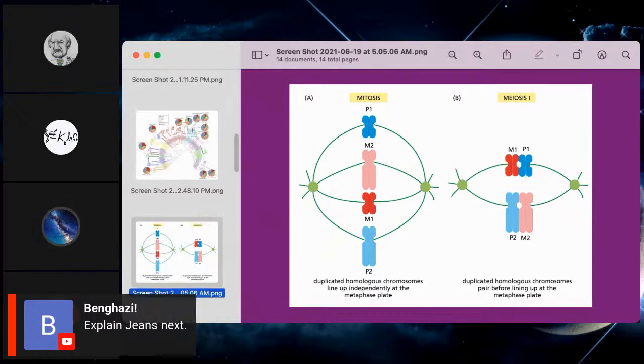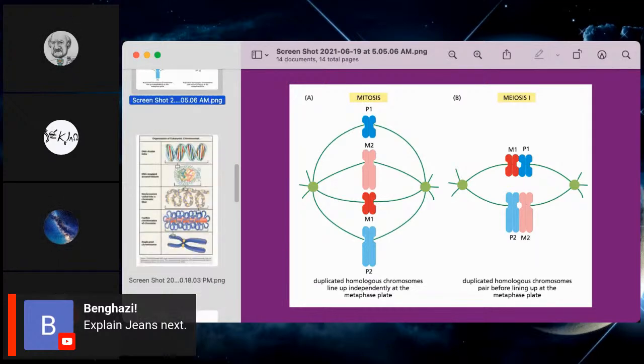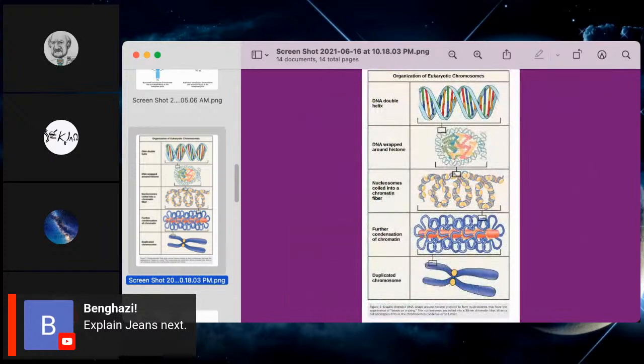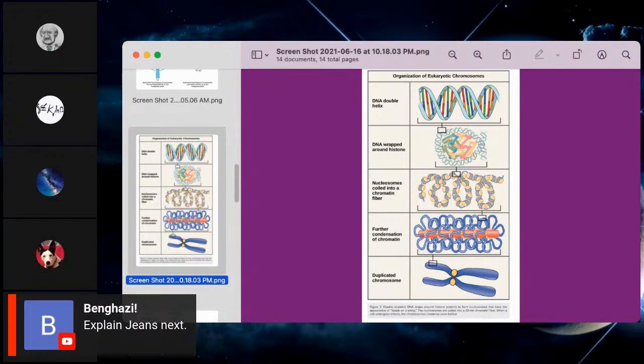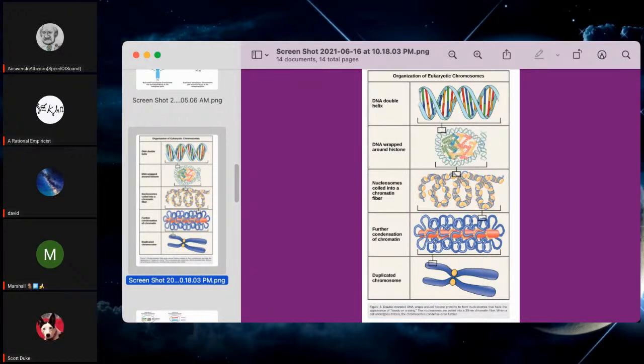I think Benghazi thought this was going to be a fashion discussion. Damn. Talk about dashed expectations. Well, I got some jeans on. They're kind of ripped up. Jeans started with miners. Miners in the late 1800s needed tough pants, so they started wearing jeans.